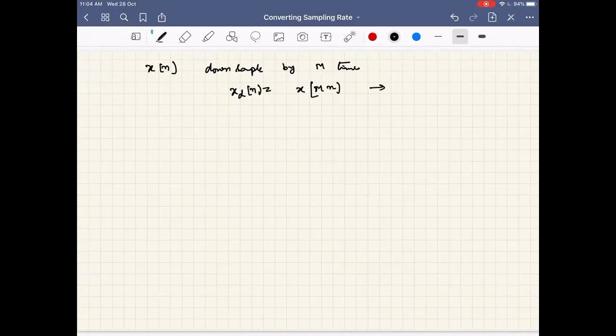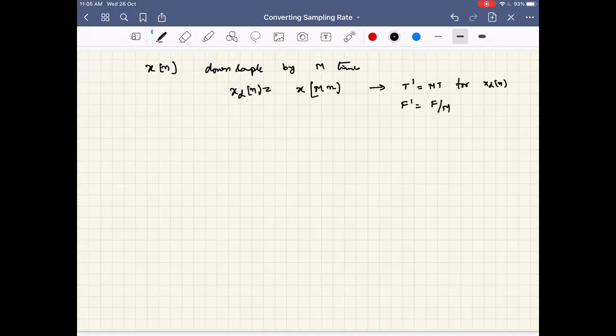The implication is that t dash, the time period, will increase by m times for the downsampled signal. Similarly, the frequency decreases by m times.